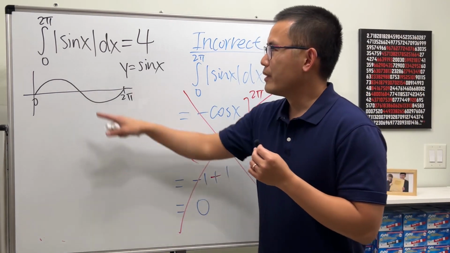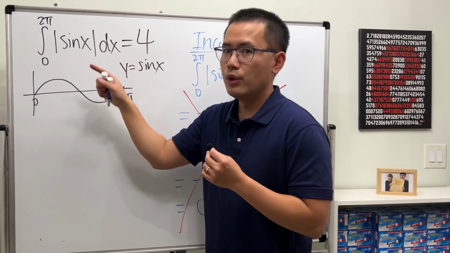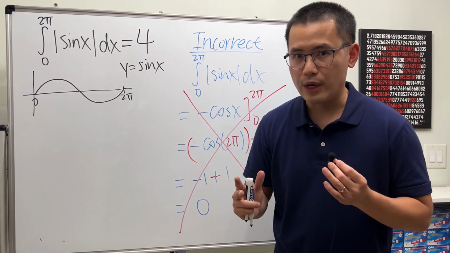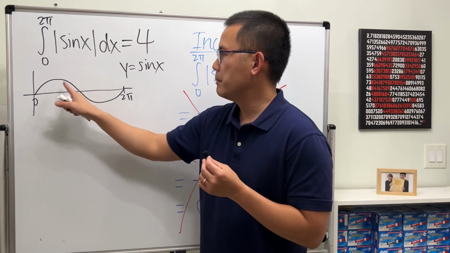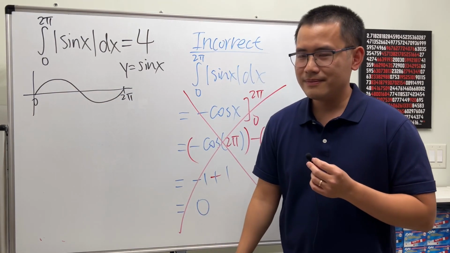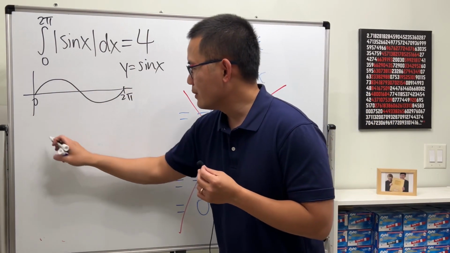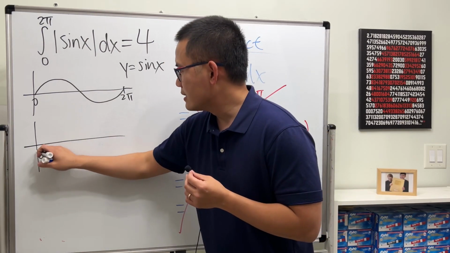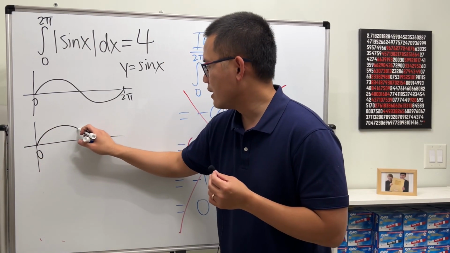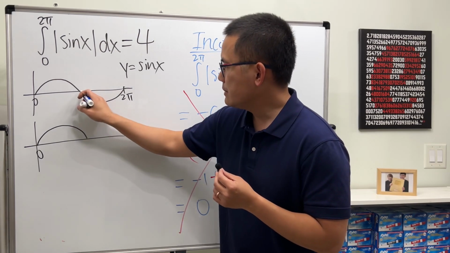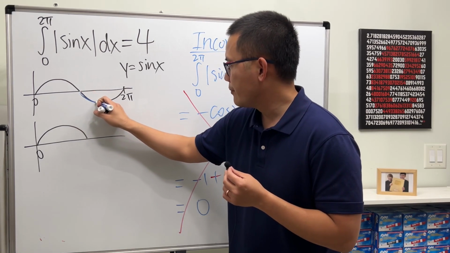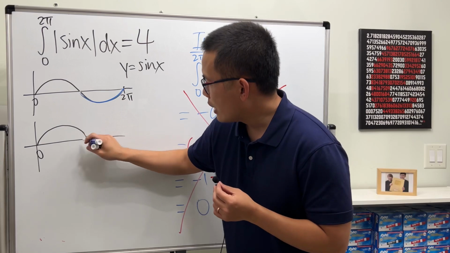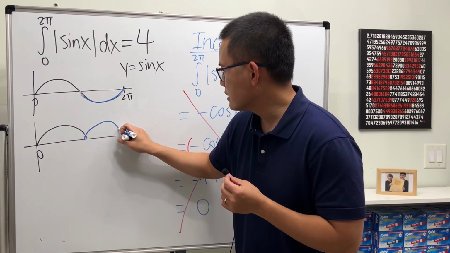But remember, if you are taking the absolute value, you are trying to find the total area. So it's this plus that. And in fact, if you have the absolute value, take a look at the picture, it becomes like this. 0 stays, and then we have from here to here stays. But this portion down bottom will actually go up to the top, like this.